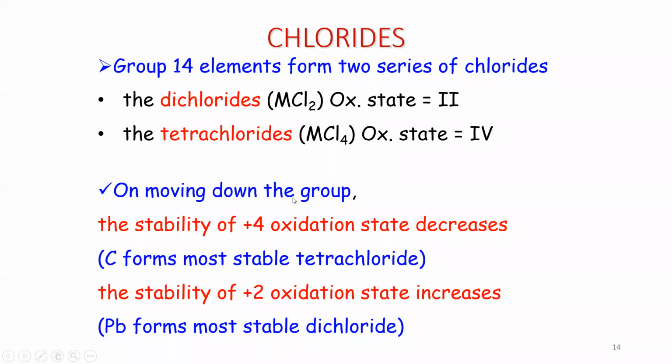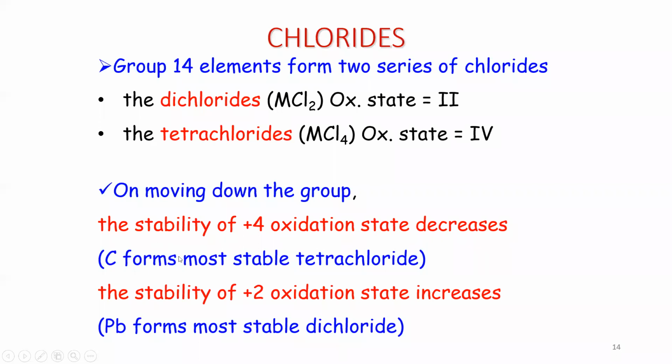But as we move down the group, the stability of the +4 oxidation state decreases. I've already told you why it decreases: because of the inert pair effect. We saw this in your lead, where your lead exhibits more of the +2 oxidation state than +4.